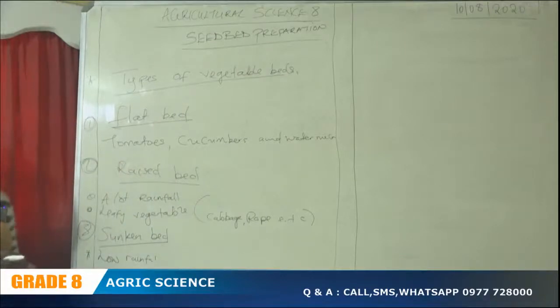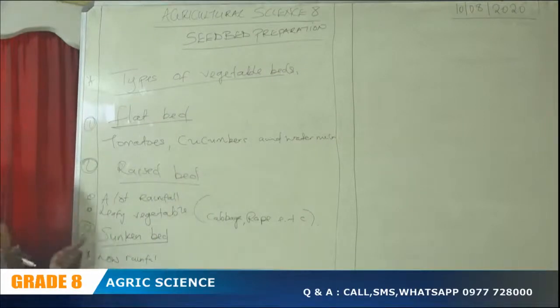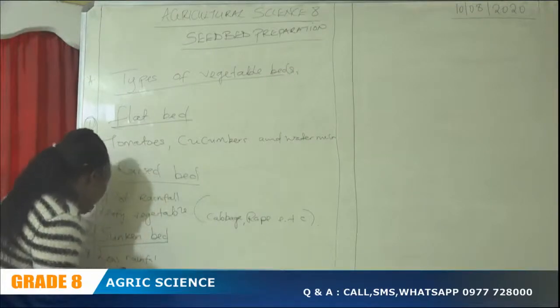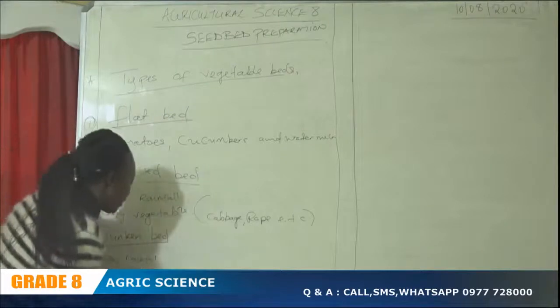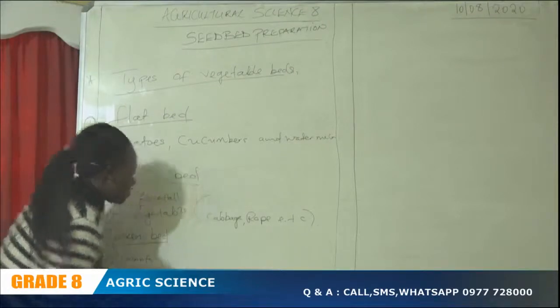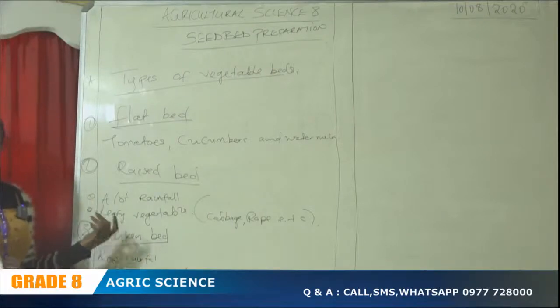What type of crops are grown in the sunken bed? Okay, so the types of crops that are grown under the sunken bed, one, we've got onion. Apart from onion, we've got watermelon. Okay, so these are examples of crops that can be grown under sunken bed.